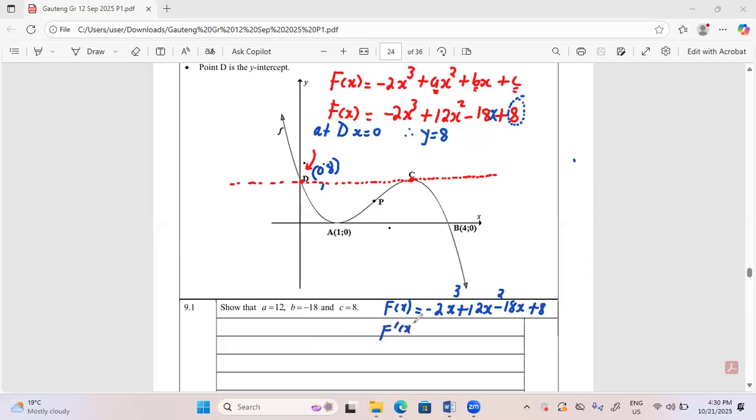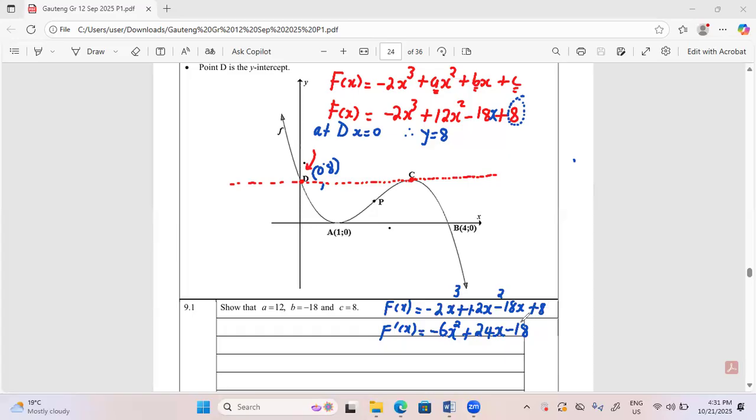When you derive negative 2x cubed, it's 3 times negative 2, which is negative 6x, and the power 3 subtracted by 1 is 2. Then plus 2 times 12 is 24x, and you subtract 2 by 1, it's 1. The derivative of negative 18x is negative 18. The derivative of 8 is 0, since 8 is a constant number.